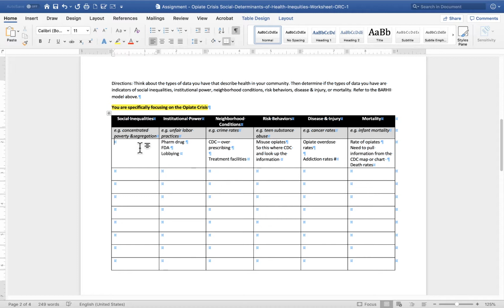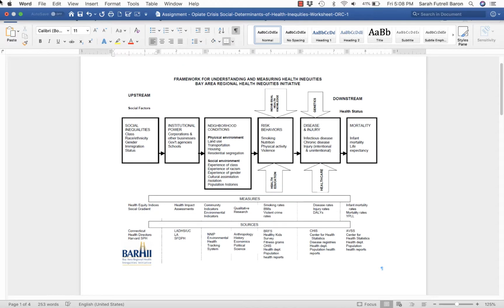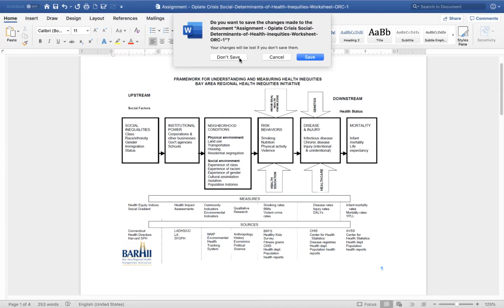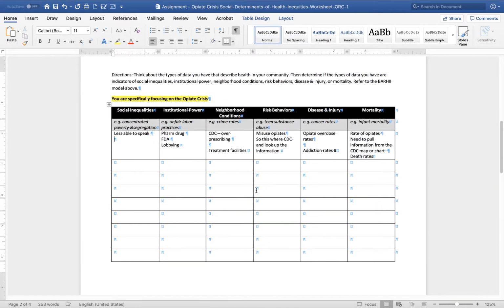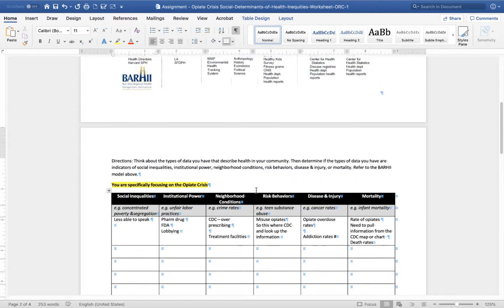And then poverty. Are there some people who are less able to speak up? Are there some people who are being targeted more than others, or are not receiving health care? What you need to do here is put in real information. I'm not going to save this, but you might want to take a screenshot or watch this video again.